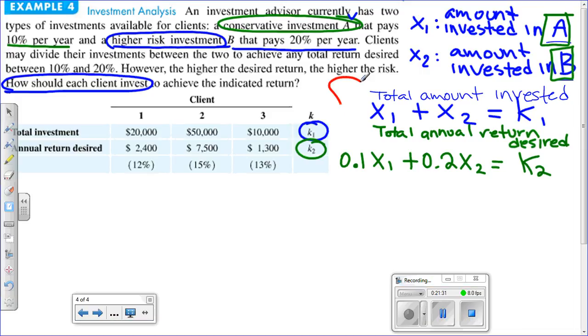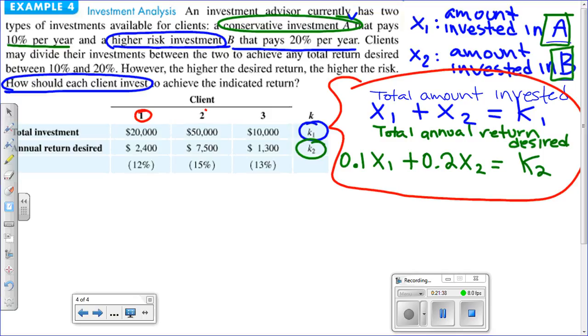So this will be the general form that we're going to use to solve the problem, but we have 3 clients here: 1, 2, 3. Each client is different. So let's see. The first client is investing 20,000, and that first client would like to receive a 2,400 return.